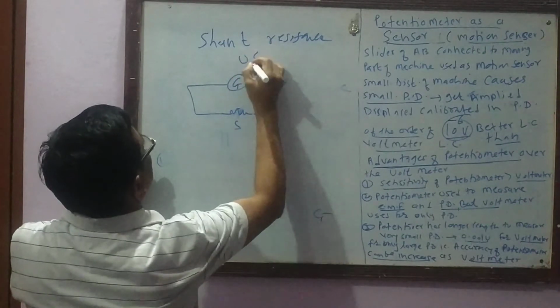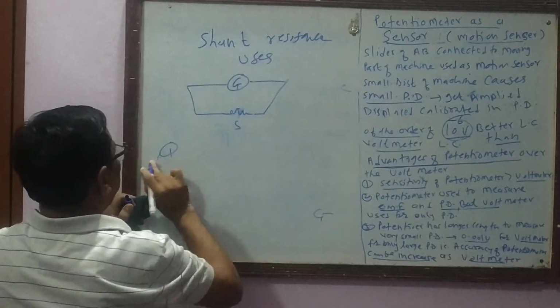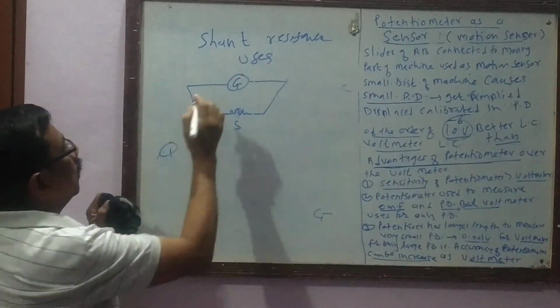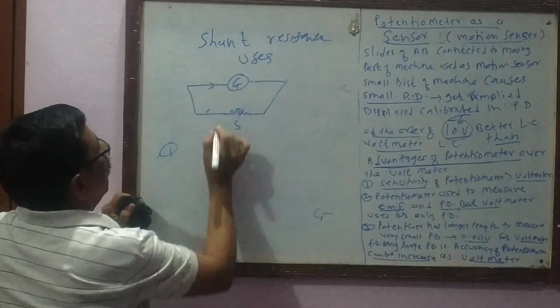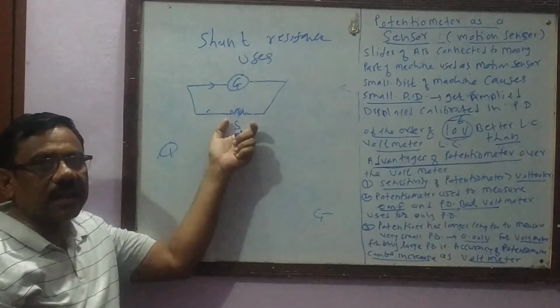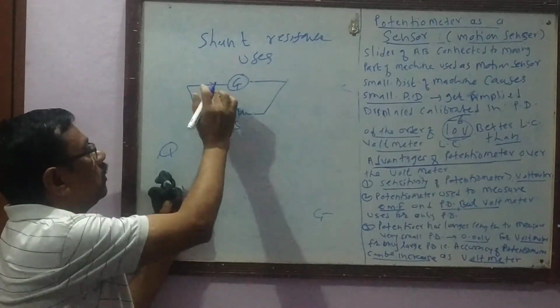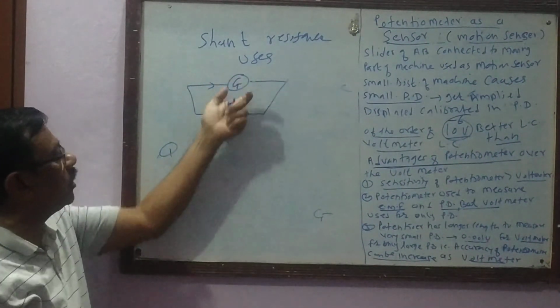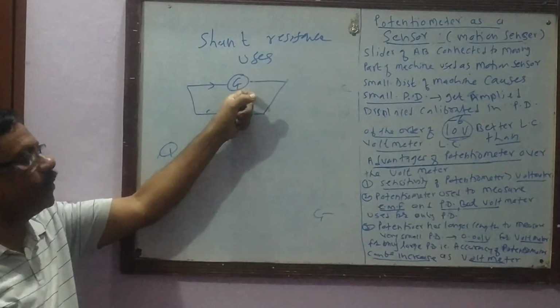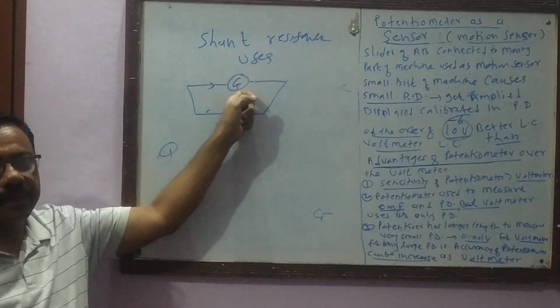First use: in parallel arrangement, it divides the large value of current which is flowing through the galvanometer, so the galvanometer is protected from damage.